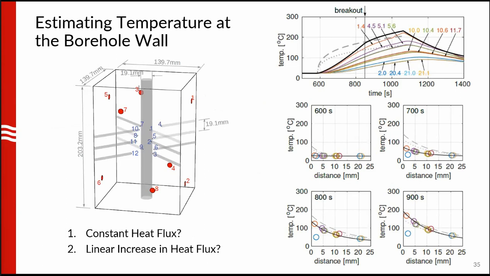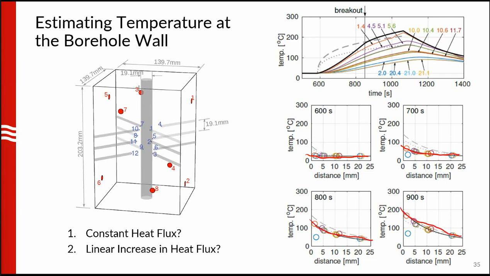When we plot the temperature measurement at a particular time as a function of distance from the borehole wall, we see this nice curve that shows at the beginning the temperature is flat, but then after 100 seconds, you see an increase in temperature closer to the borehole. And then this keeps increasing, okay?